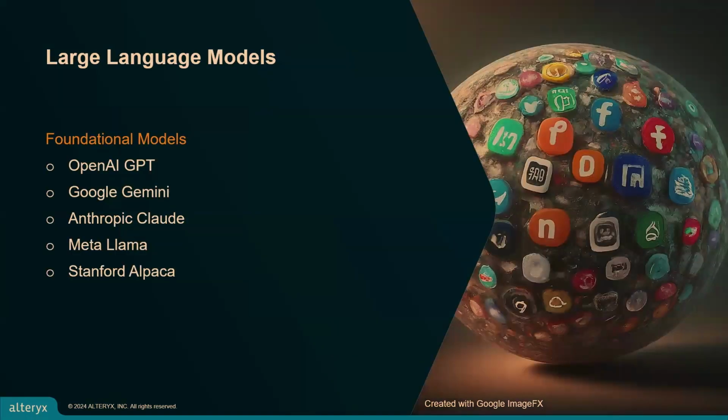Some of them you may have heard out on the marketplace are OpenAI's, Google's Gemini, Anthropic's Claude, Meta's Llama, Stanford Alpaca; they're coming along. There are roughly, give or take, about 20 of these foundational models out there being used. Now, let's say I want to stand up something for the university using my own university data.